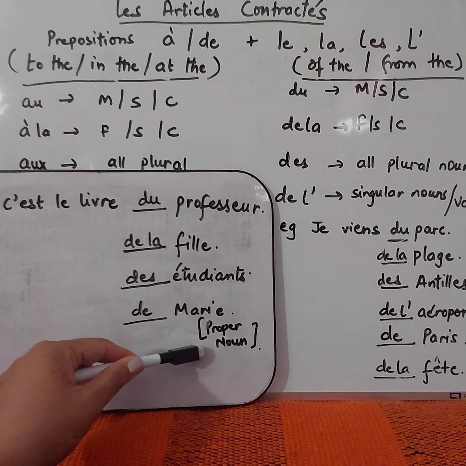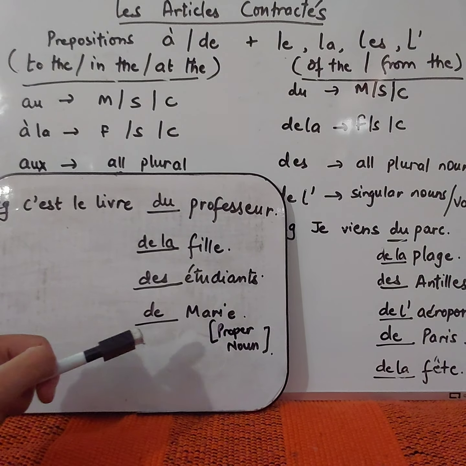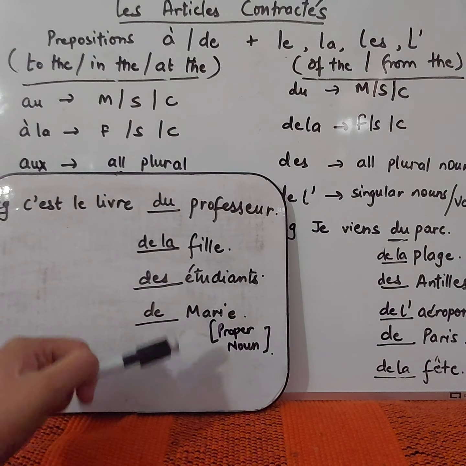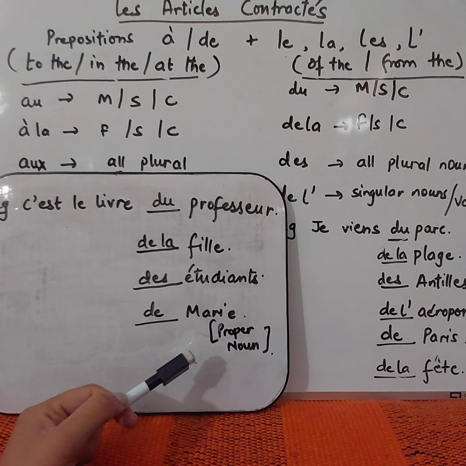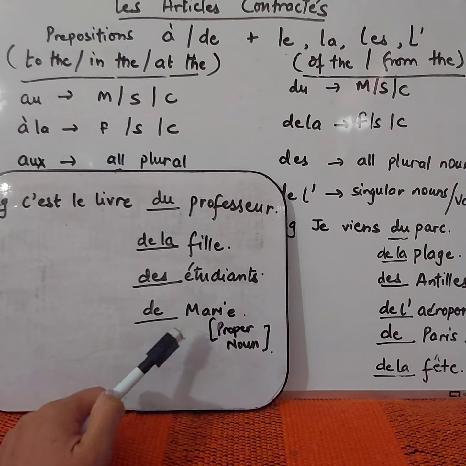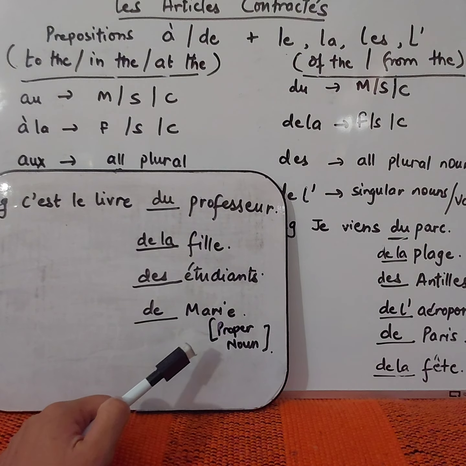I have written in the brackets here that both are proper nouns, okay? So when we have a proper noun in English as well, we never write the definite article before the proper nouns, right? We just write the preposition. So it will be, this is the book of Marie. We are not saying "of the Marie" or "of the Paul", never.